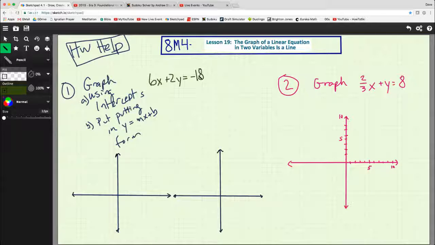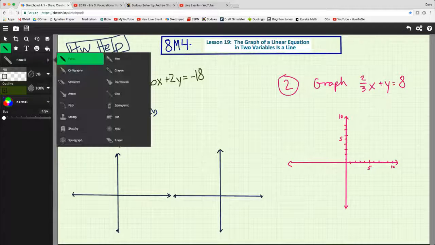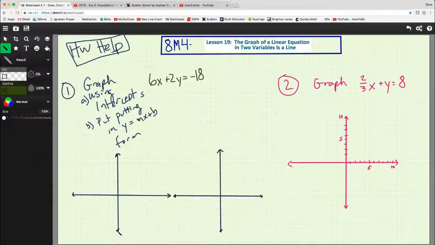I'm going to extend this line here a little bit because I know I'm going to need it.